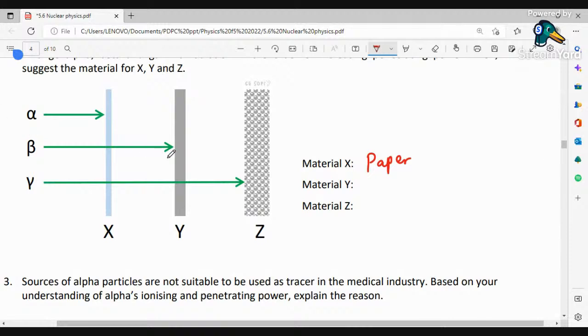Beta can pass through paper and stop by aluminium. And then Z, lead or concrete, thick concrete. So this one showing the penetrating power. Gamma is the highest penetrating power, that's why can pass through paper, can pass through aluminium, then can be stopped by lead.